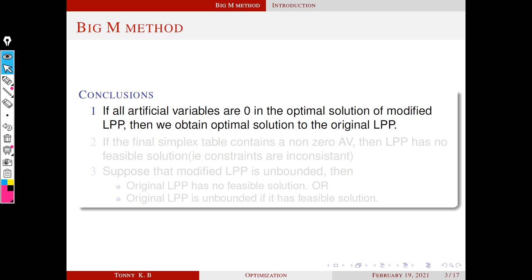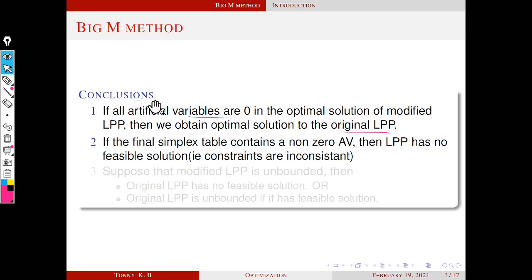If the standard LPP attains the optimum value, and all the artificial variables are at 0 level, then that is the optimal solution to the original, that is, the given LPP.